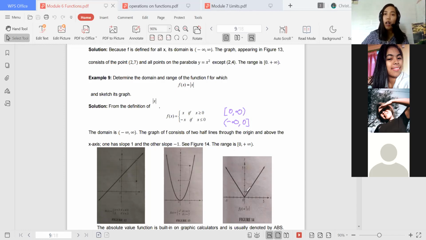Makikita din naman yun sa graph. Ang pinakamaliit na value ni y dito ay 0, diba? 0 for the origin. At kapag kinuha mo ang absolute value ng negative numbers, the answer is positive. That's why the range is from 0 to positive infinity.